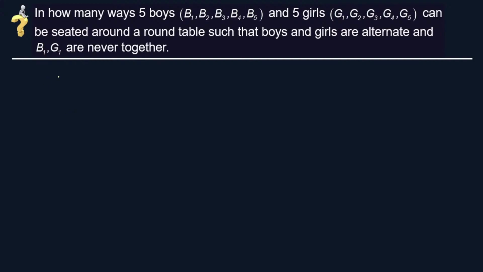So let me do one thing. Let us just close this B1 and G1 in one box. So we are left with actually B2, B3, B4 and B5. These are the 4 boys.